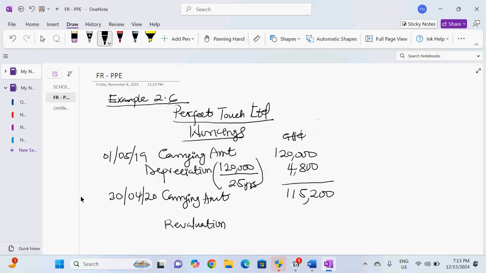Hello, are you with me? How much is the revaluation? On April 30th, 2020, the building was valued at 105,000. Okay. So that becomes our revaluation.